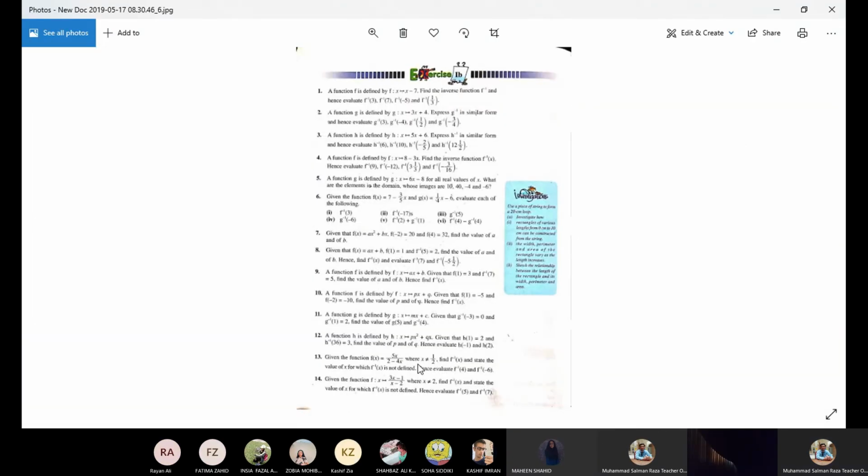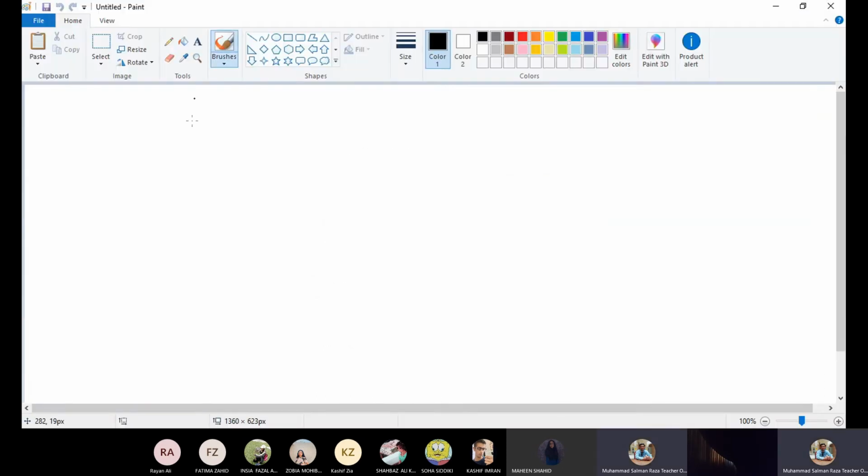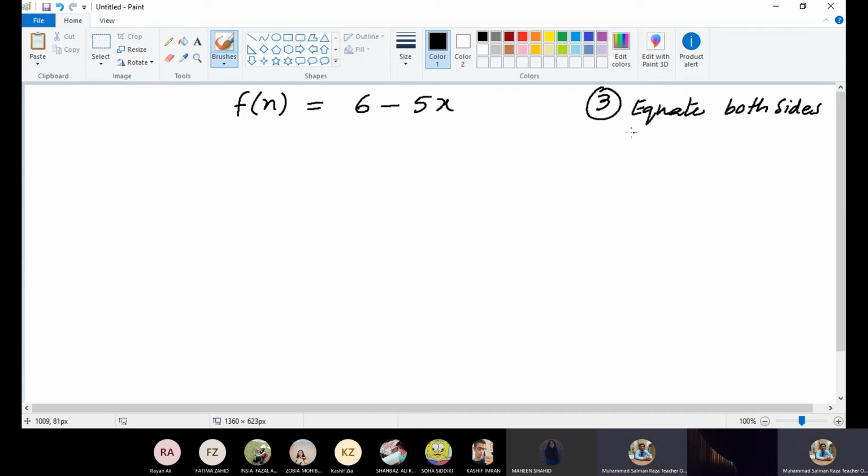Inverse of a function. This is the exercise of inverse of a function. Whenever we have a function, for suppose we have got a function 6 minus 5x. This is a function. How to make it the inverse? We have to keep 3 steps in our mind. The very first thing is equate both sides to y. This is step number 1.